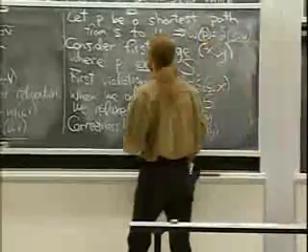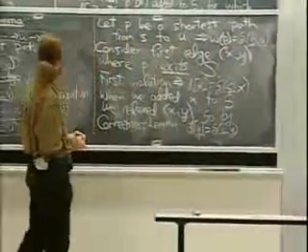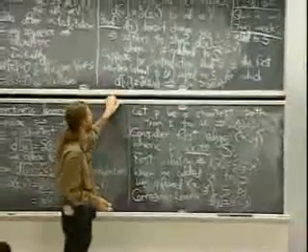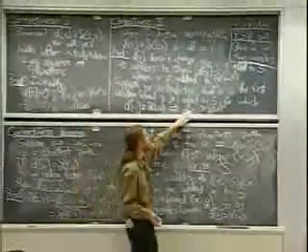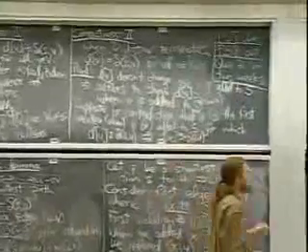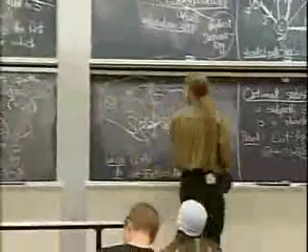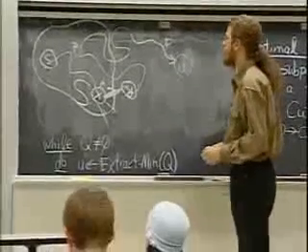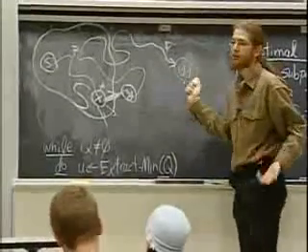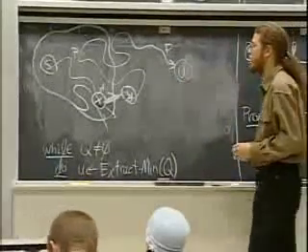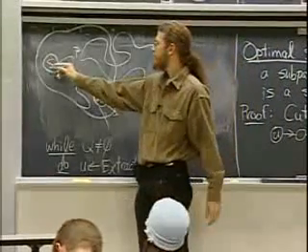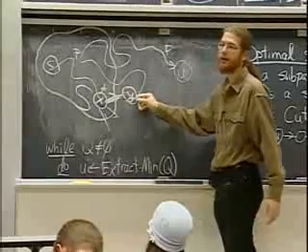Well, what else do we know here? We assumed something for contradiction, so we better contradict that. We assumed somehow d of u is strictly greater than delta of s comma u. So d of u here is strictly greater than the length of this whole path. Well, we don't really know whether u equals y. It could not. But what do we know about this shortest path from s to y?